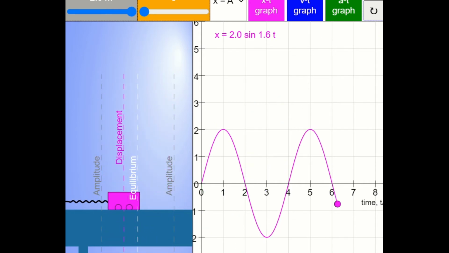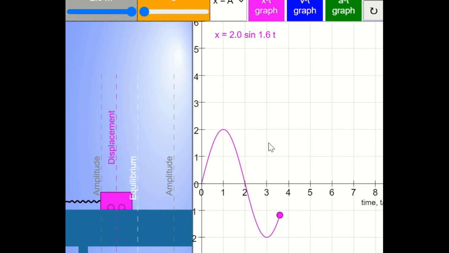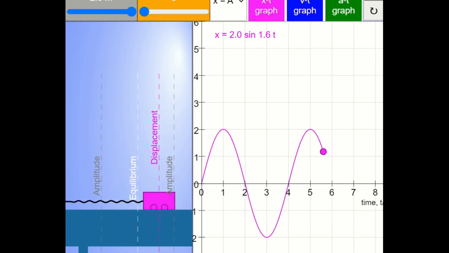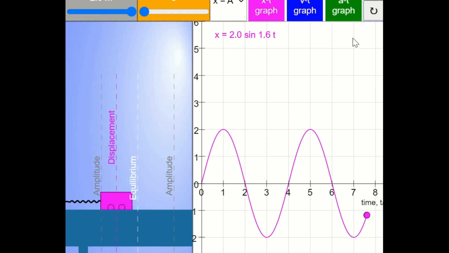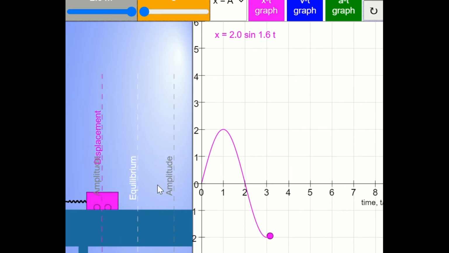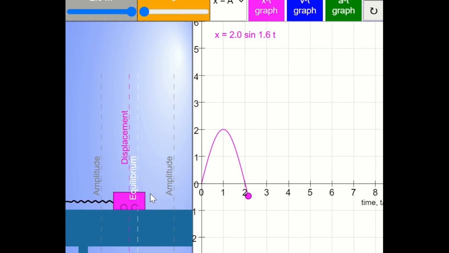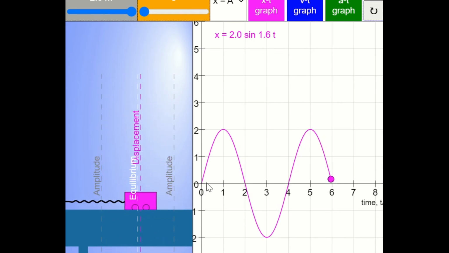When the car is oscillating, it will generate a graph of sine function. This is the equilibrium position, and this is the amplitude. Amplitude is the maximum displacement, and the motion of this car will generate a graph of sine function.